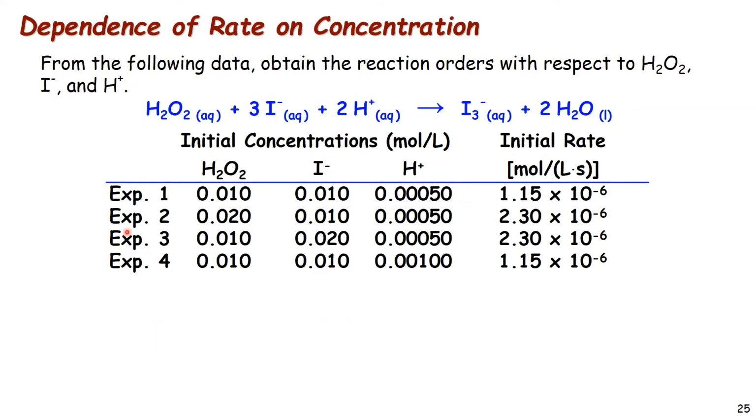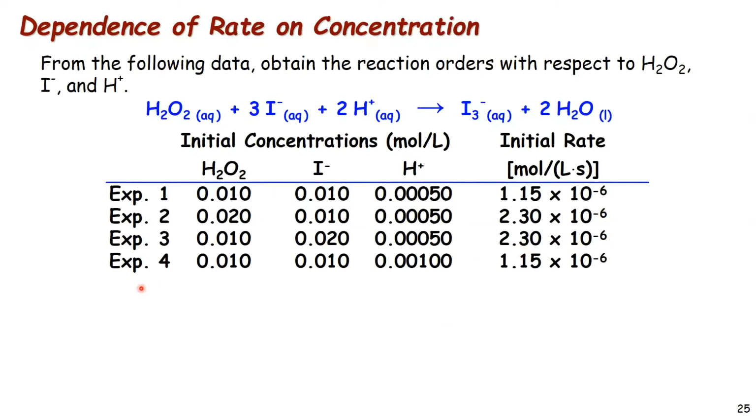I ran the experiment again. This time I doubled the concentration of the hydrogen peroxide, but kept the concentration of the iodide and the hydrogen ion constant, measured the rate, and it changed to 2.3 times 10 to the negative 6th. Ran the experiment a third time. This time kept the hydrogen peroxide at the original, but doubled the concentration of the iodide and kept the hydrogen ion concentration the same, measured the rate, and again, I measured it to be 2.3 times 10 to the negative 6.